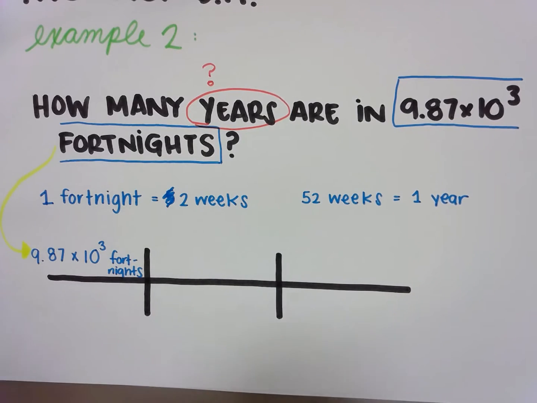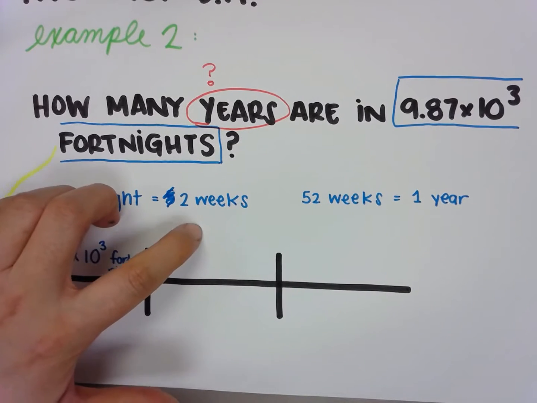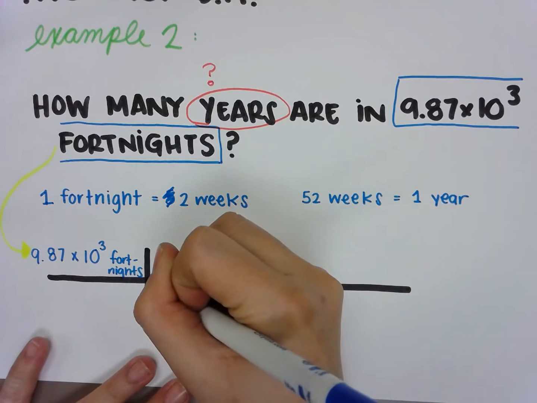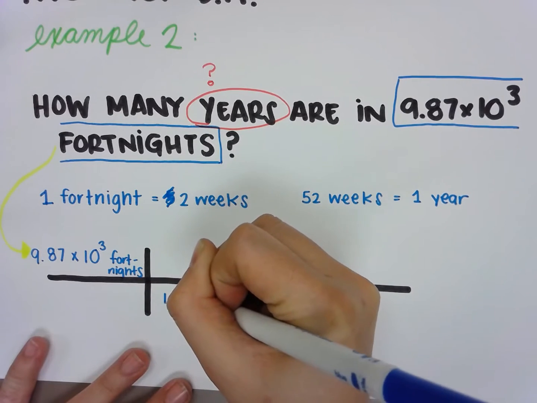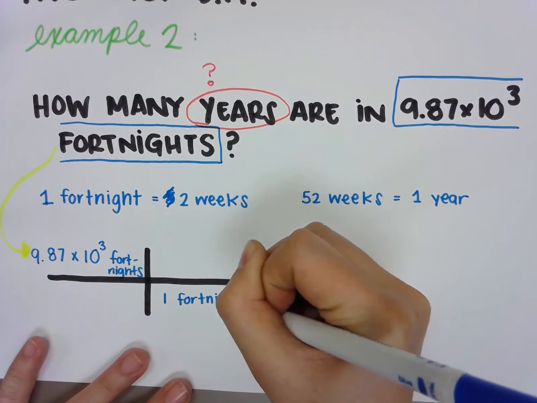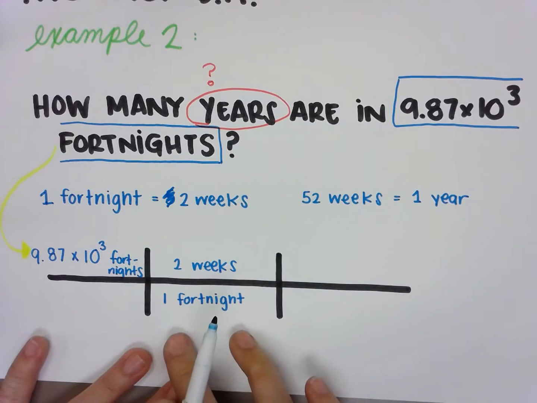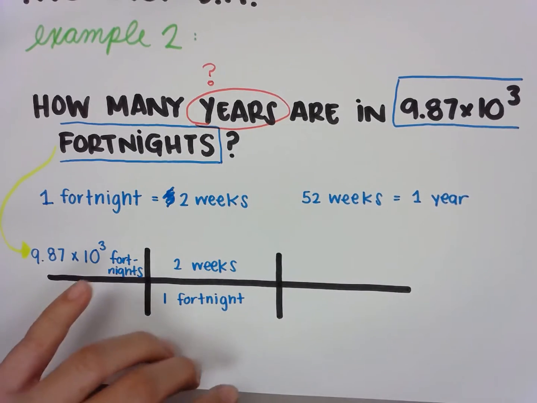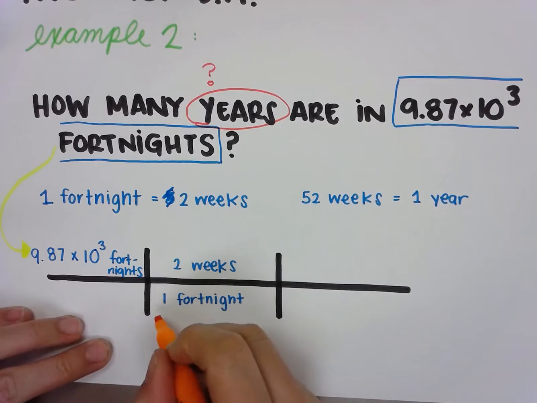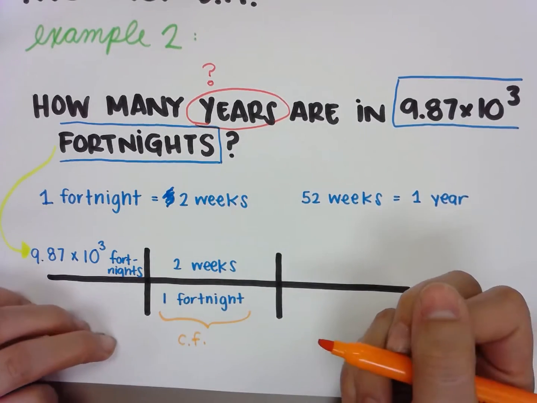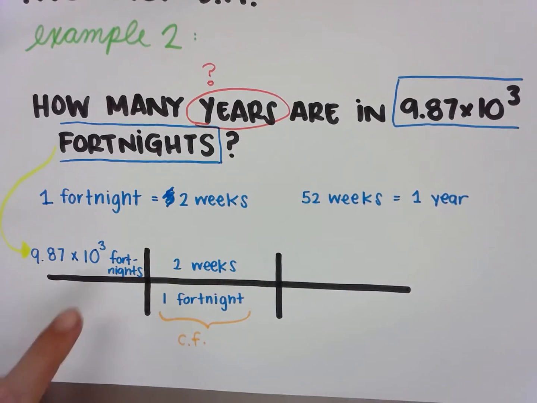We're going to plug in the equivalent relationship that has fortnights. I see that one fortnight is equal to 2 weeks, and we can write it in one of two ways. I'm going to write it right here, because one fortnight is equivalent to 2 weeks. And here's my first conversion factor, CF.